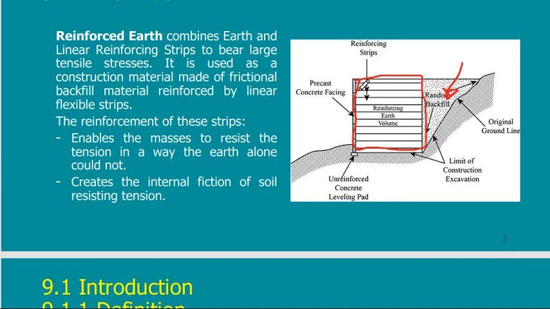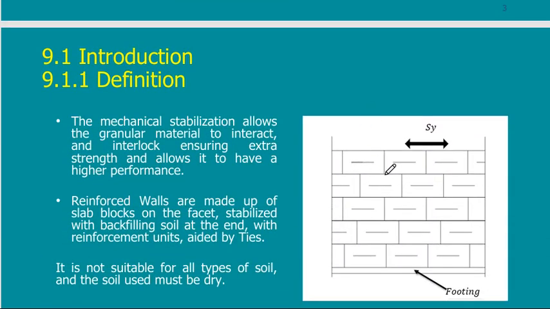So finally, instead of having a big wall, I'm just having a facing connected to a strip, and this strip, using friction, adheres to the soil around it, so I end up with all of this bulk as my reinforced earth. So actually it is a very, very good idea.